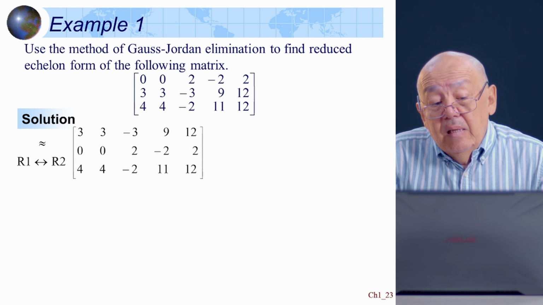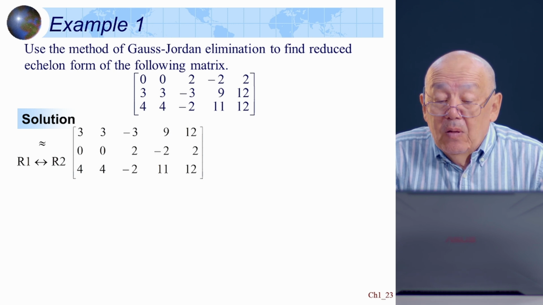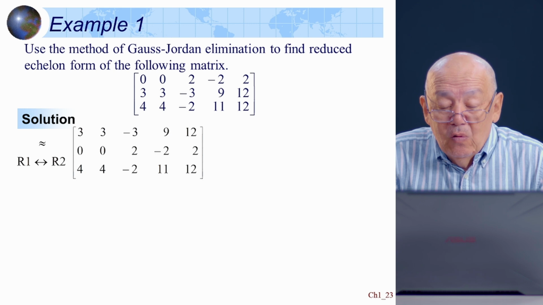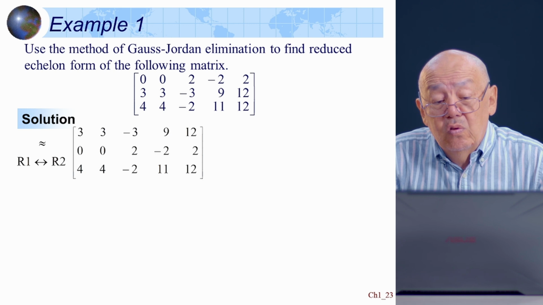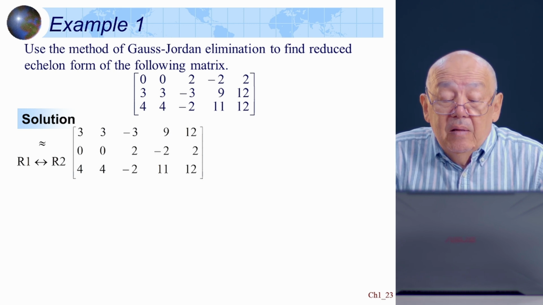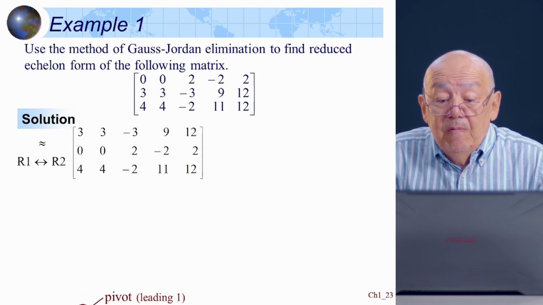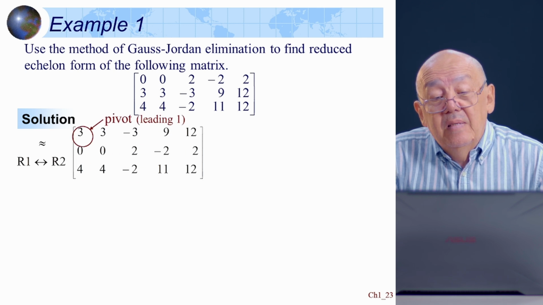And then next, divide the first row by 3, because we are going to get reduced echelon form, and the first non-zero entry of each non-zero row should be 1. So we divide the first row by 3. This is the pivot, the leading one.